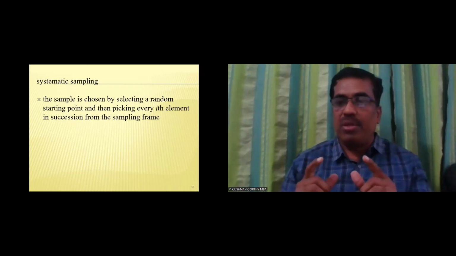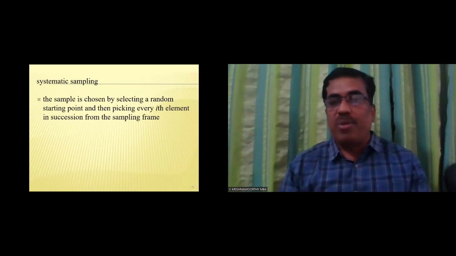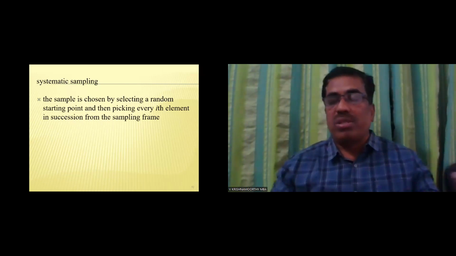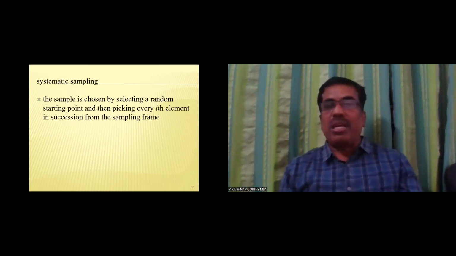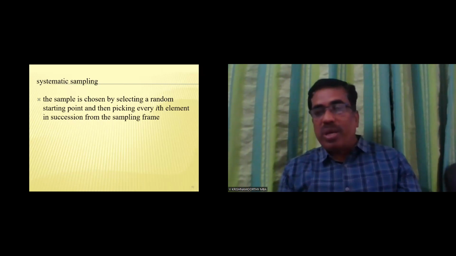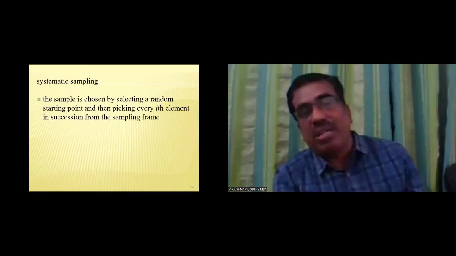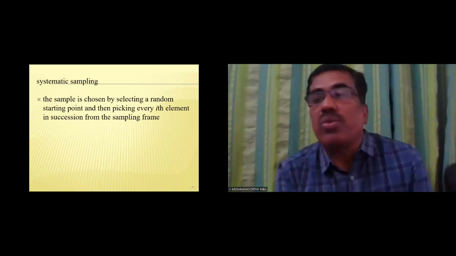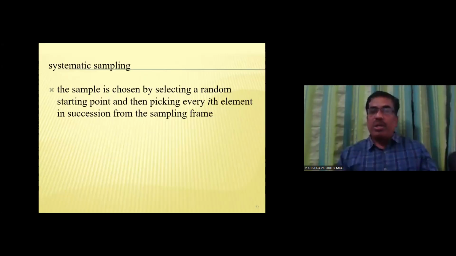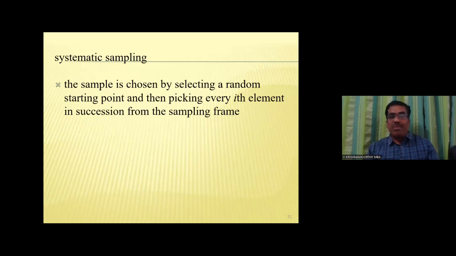You should have a sampling framework. If you don't have a sampling framework, you are supposed to use a non-probability sampling method. Either you can use judgmental sampling, convenient sampling, or quota sampling. But if you don't want to use that kind of sampling method, you would like to use only the random sampling method.